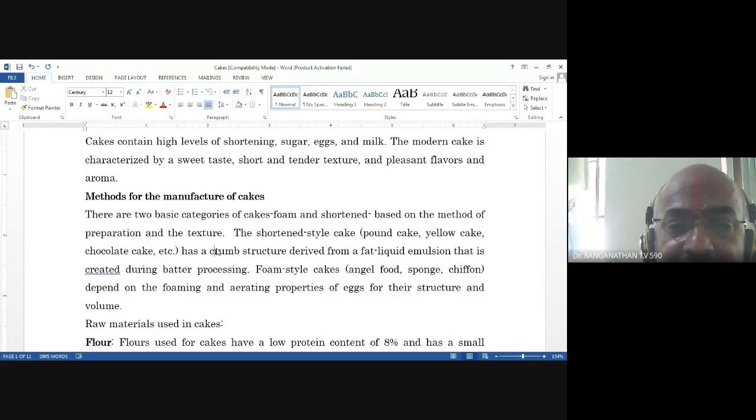How is the texture of it as compared to your tea cake? What is the difference? How do you characterize the texture?